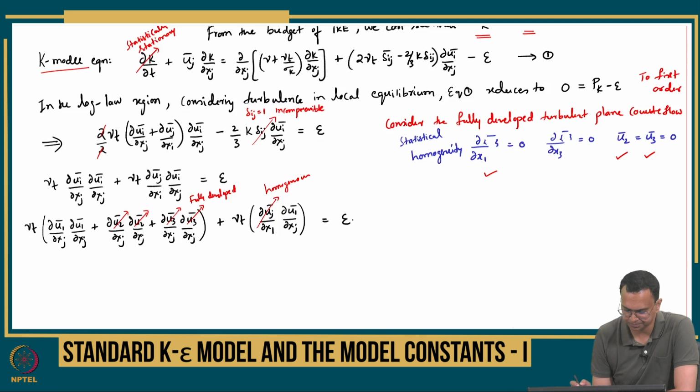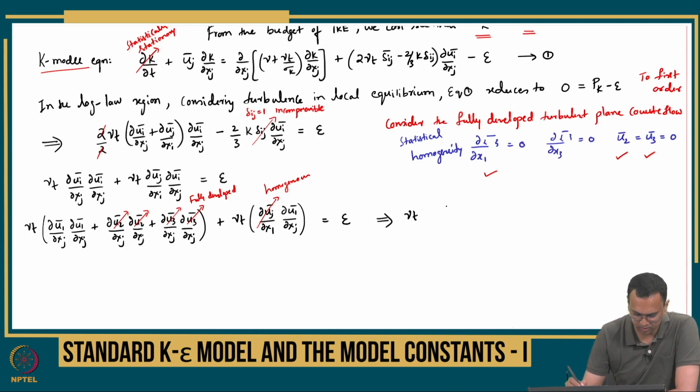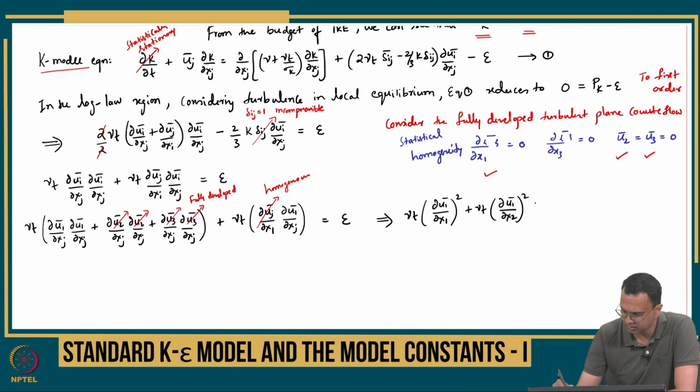So now I have this on the left hand side. If I expand this further, I get ν_t times, now summing in the j direction, (∂u1 bar/∂x1) squared plus ν_t (∂u1 bar/∂x2) squared plus ν_t (∂u1 bar/∂x3) squared equal to epsilon.